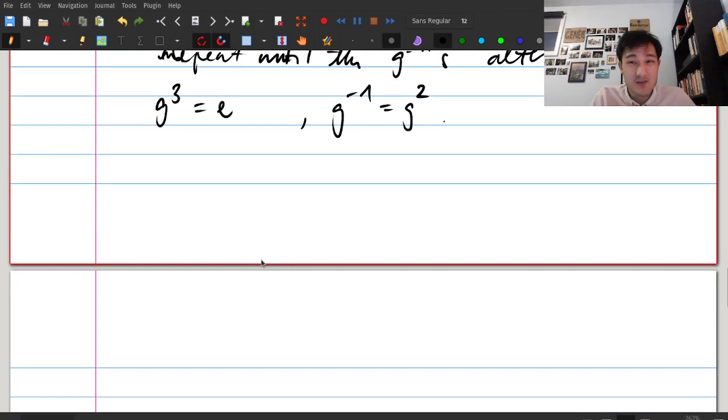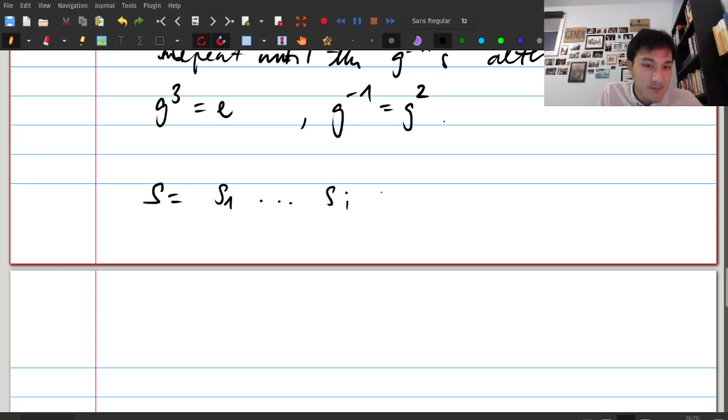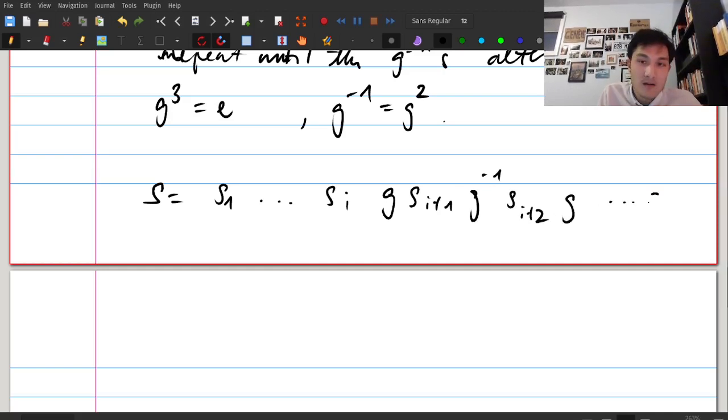This part gets super algebraic, so just bear with me here. We're going to write S equals S1 all the way to Si, G, Si plus 1, G inverse, Si plus 2, G, all the way to Sn. So they alternate in sign now.